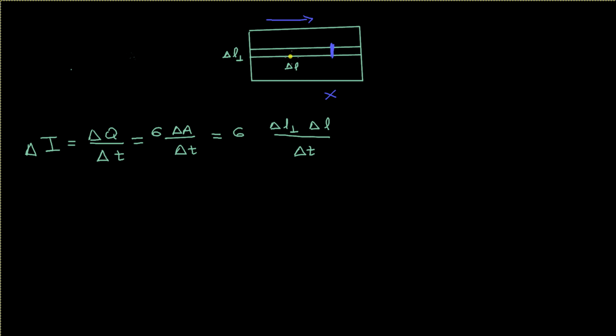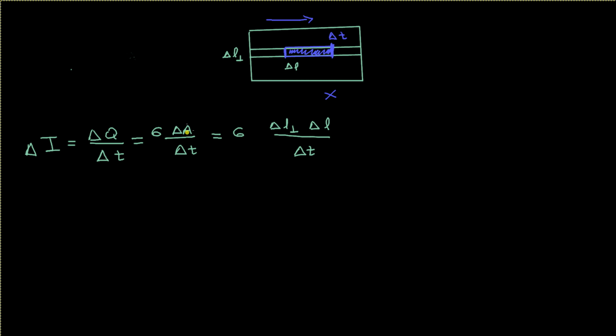And then I'm gonna do the following for the area. Let's say that whatever charge is included in this area, this is the charge that passes from this cross section of the conductor in time delta t.